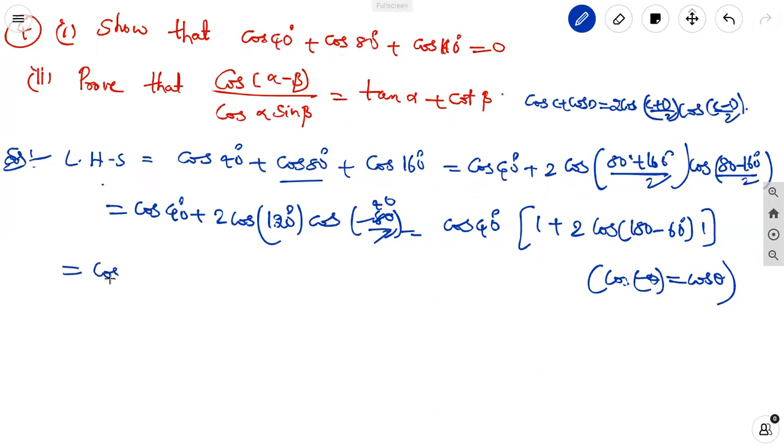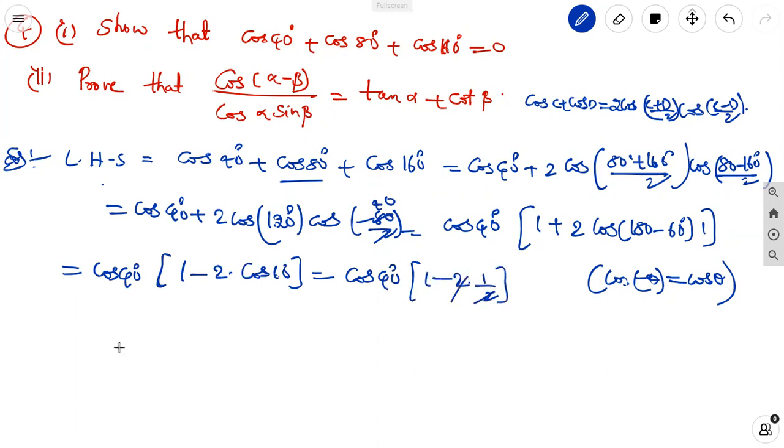This is equal to cos 40 degrees times 1. Cos in the second quadrant is negative, minus 2 into cos 60. It is equal to cos 40 degrees times 1 minus 2, cos 60 is 1 by 2. 2 get cancelled. It is equal to cos 40 into 1 minus 1 is 0. 0 into something is 0.